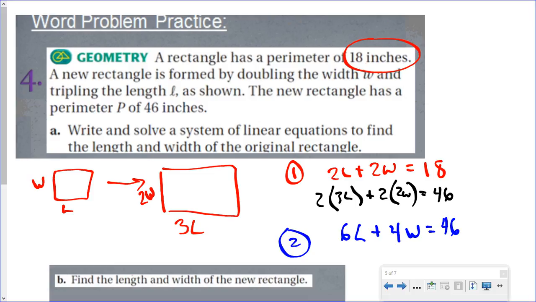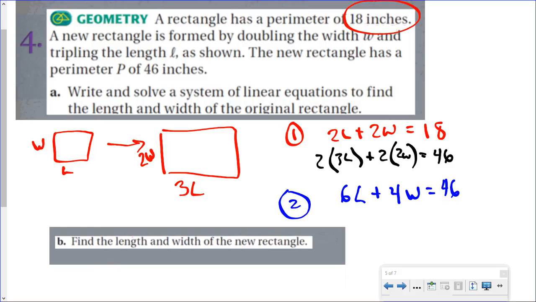I'm going to do great here because I've got 2 rectangles, so I've got 2 true statements that I can use and solve with. I'm going to let you guys pause here for a second and see if you can use these 2 equations to find the original rectangle, and then for the second part, you're going to need to find the new rectangle.